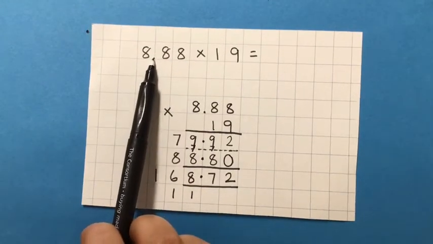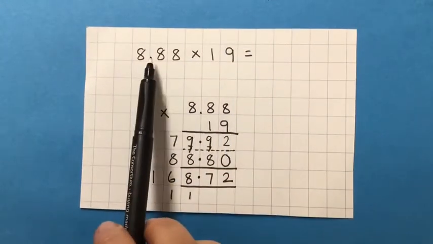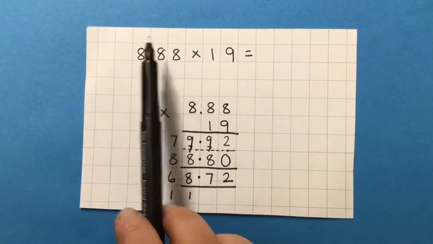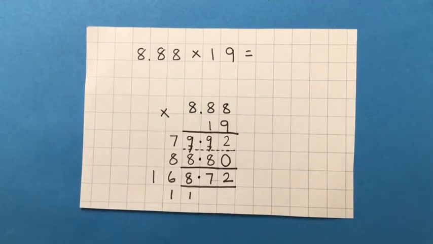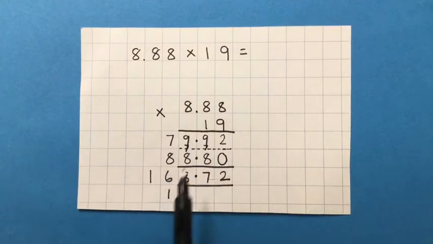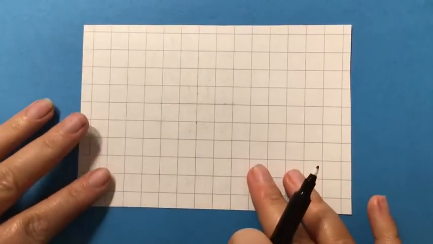Now, what would happen here is if you were to take that decimal out, the answer would then have to be divided by 100, because it would be 2 spaces in where the decimal was previously. That's the only way that you would be able to remember it. So I would recommend that you work it out with the decimal in so that you have it in your answer when you calculate it and you don't forget about it at the end. Okay? Right, let's have a go at the division.